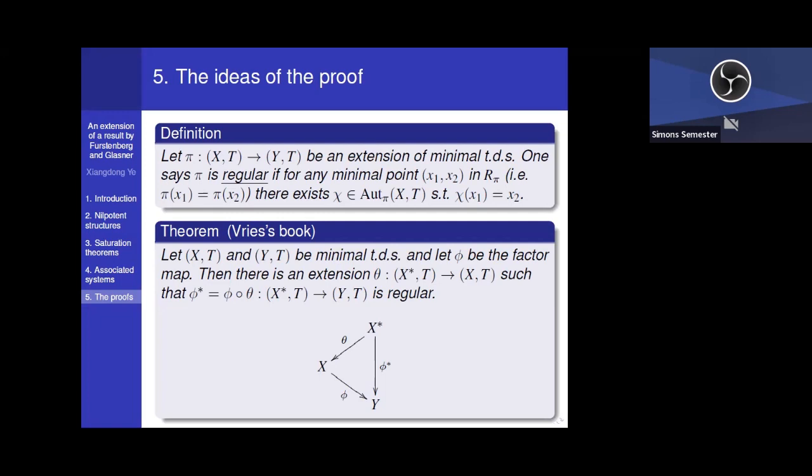Fortunately, there's a theorem that says that for every factor map, you can have an extension such that this phi star is regular. So you can make some modification to the factor map such that it is regular.